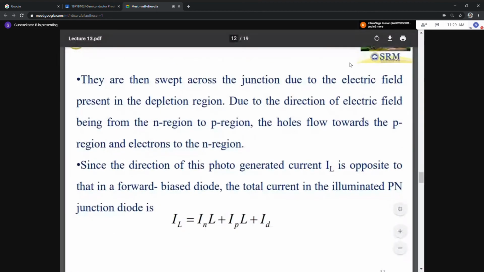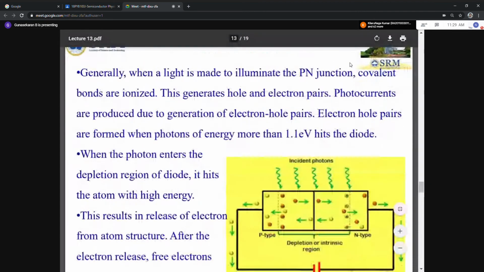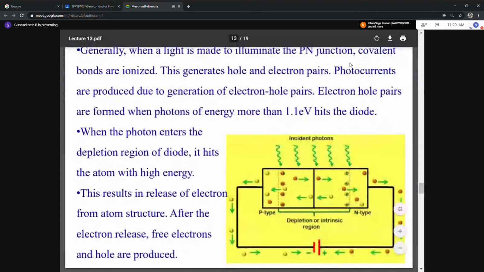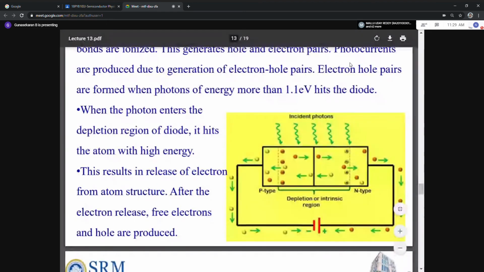Then see the diagram here, based on that I will explain more. When the incident photons, the light energy, strike the PN junction region, how are the photo currents generated?